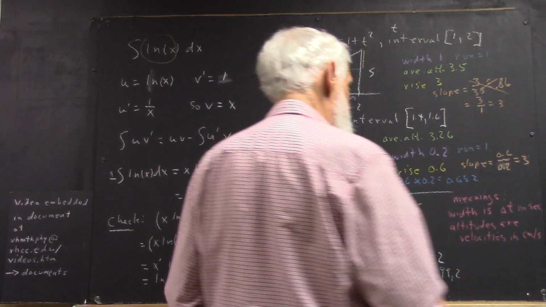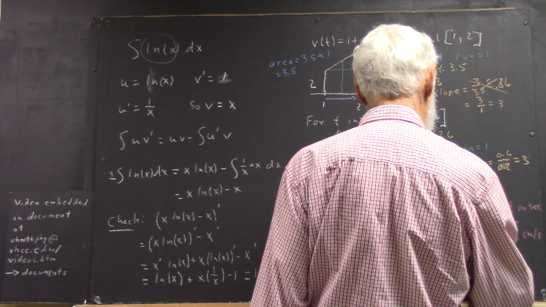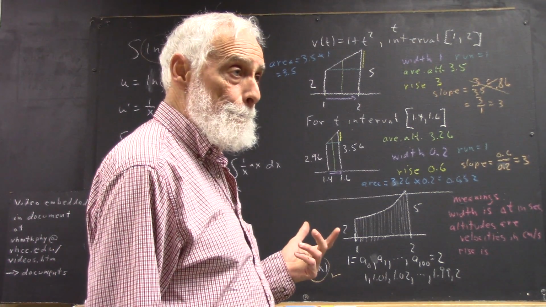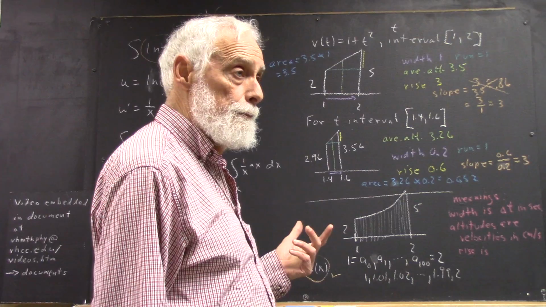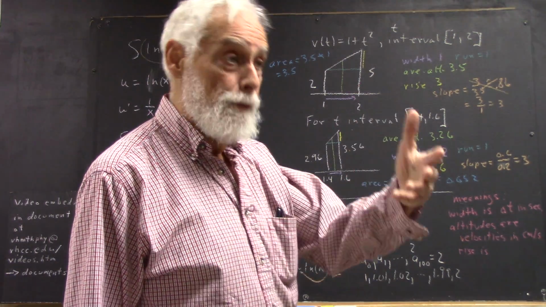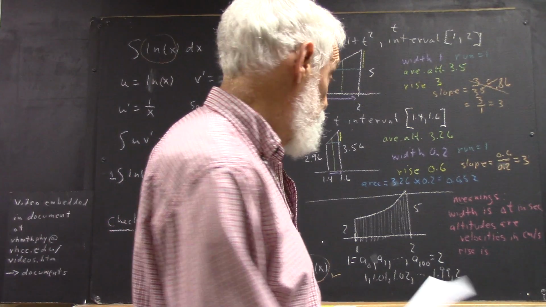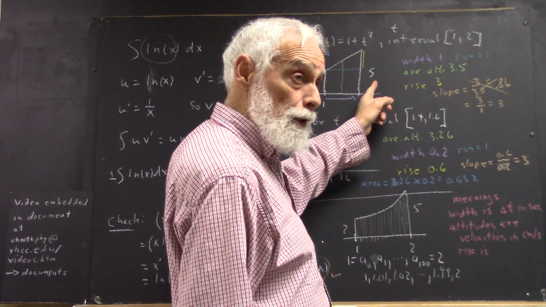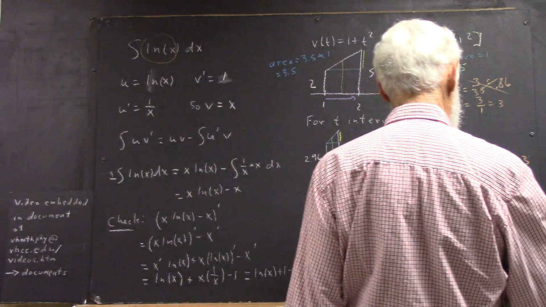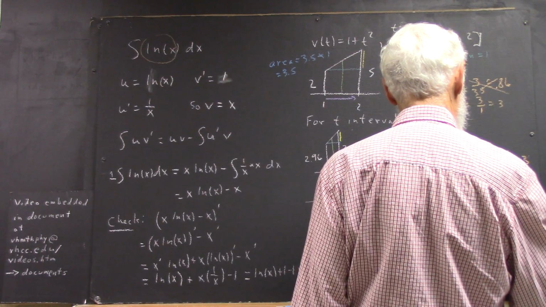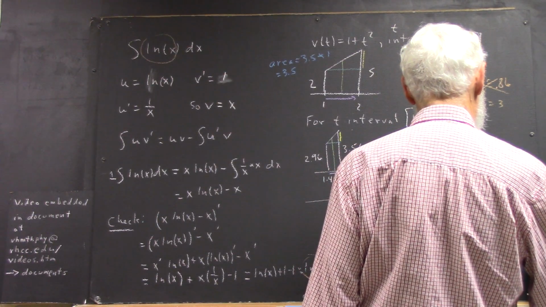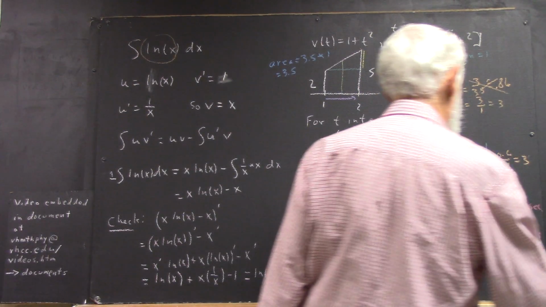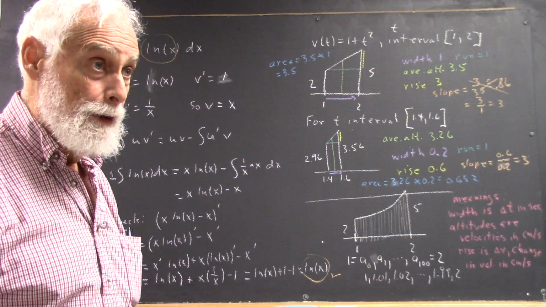Well, what's the rise represent? Change in the value of V, which is a change in velocity. It's a difference between this velocity and this velocity. That would be a change in velocity in centimeters per second.